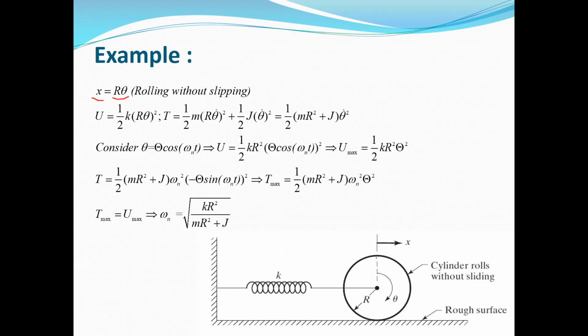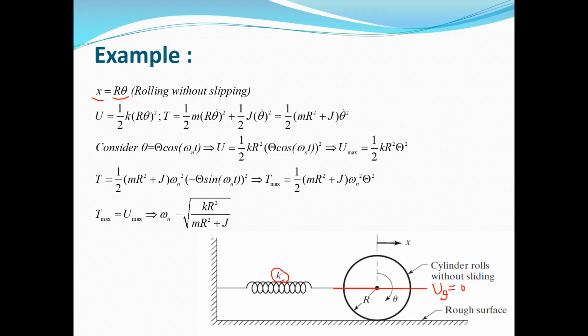For the potential energy, we only have one spring with the stiffness k. If we assume that this is the datum level for the gravitational potential energy, which we call, for example, UG, and it is 0 at this level, then during the motion you can see that the mass center of the cylinder will remain on this datum level.